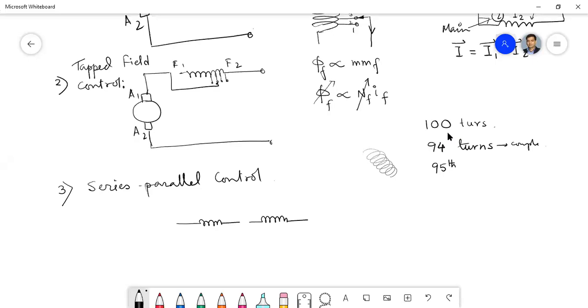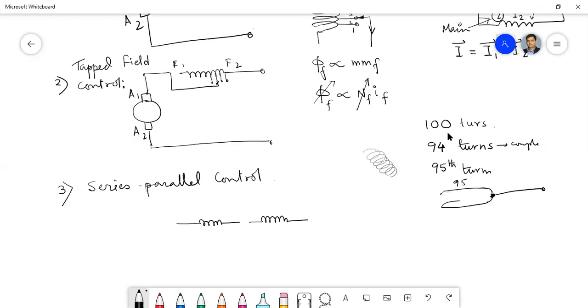When you go for the 95th turn, you rupture a particular portion of that turn and connect another wire there. Suppose this is your 95th turn, which has some insulation. You rupture it here, connect a wire, and bring it out.